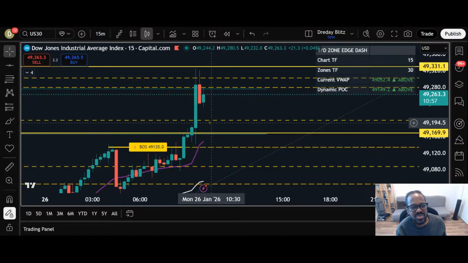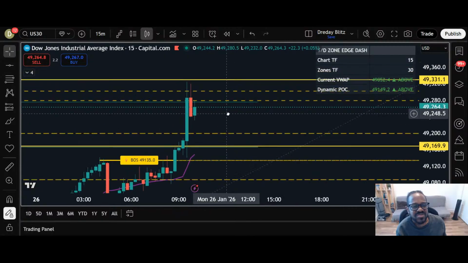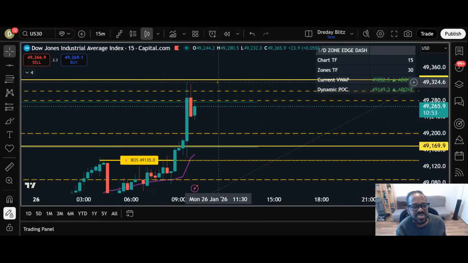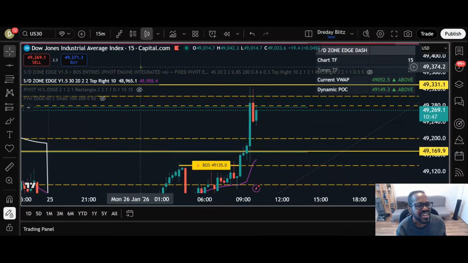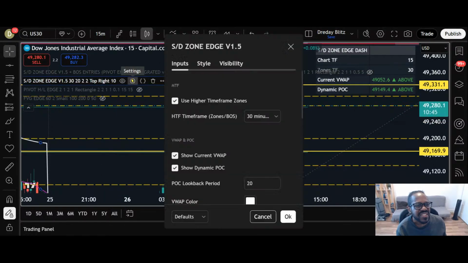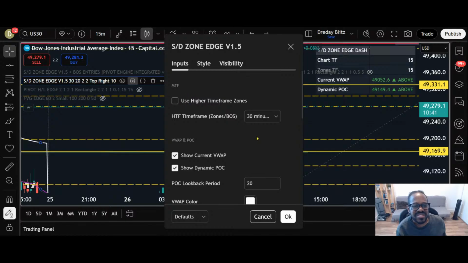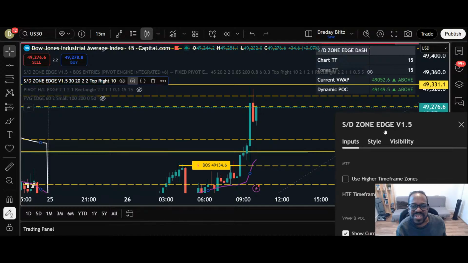We may go towards this one also, but this zone was pretty much a supply zone that seems to be creating here.